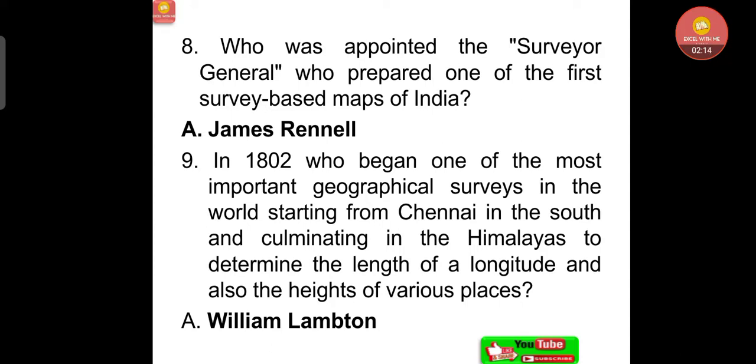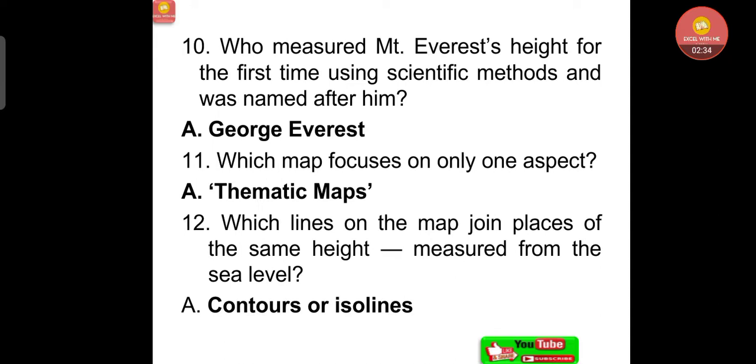Next question, in 1802 who began one of the most important geographical surveys in the world, starting from Chennai in the south and culminating in the Himalayas to determine the length of a longitude and also the heights of various places? Answer William Lambton. Next question, who measured Mount Everest's height for the first time using scientific methods and was named after him? That is George Everest.